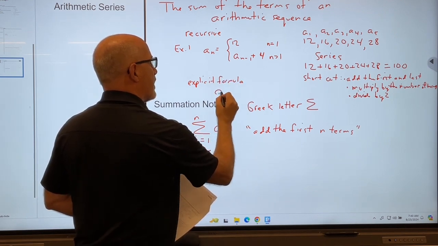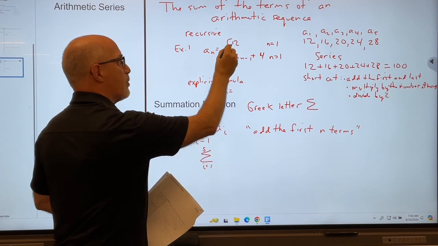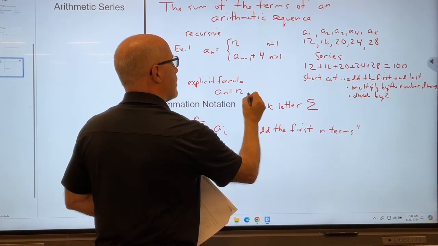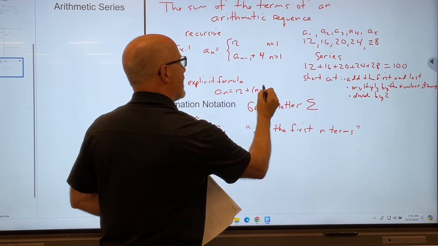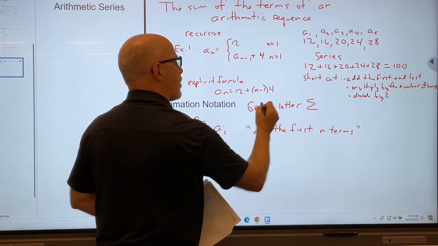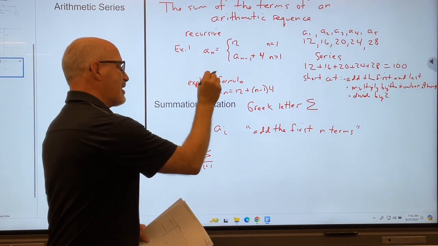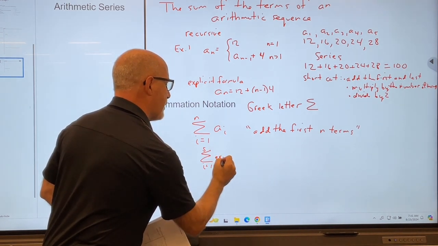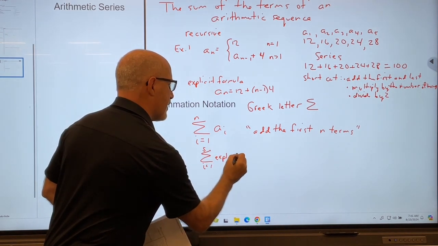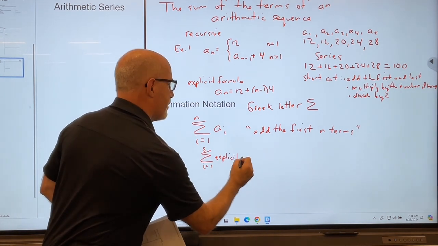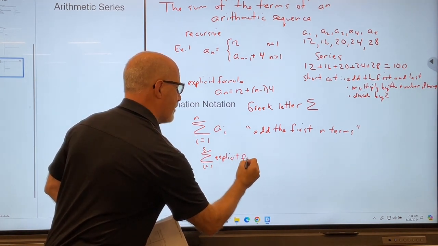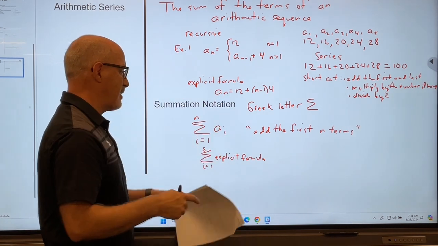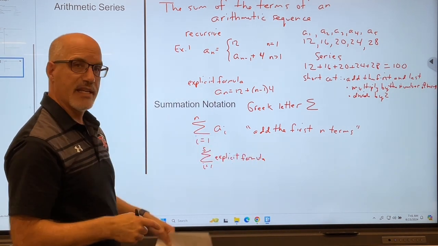A sub n equals the first term, 12, and then we add to it n minus 1 times the common difference 4. That explicit formula goes right here, because the explicit formula tells me what the a sub n is, in this case a sub i.